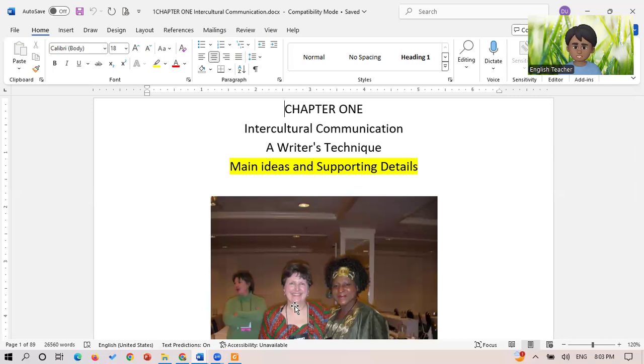So it has a chapter heading like intercultural communication. That is the theme of the chapter. Then there's a subheading, subtitle, a writer's technique, main ideas, and supporting details. In this chapter, we will learn about the technique of main idea and supporting details in writing.